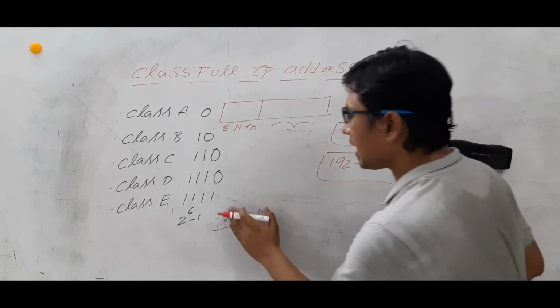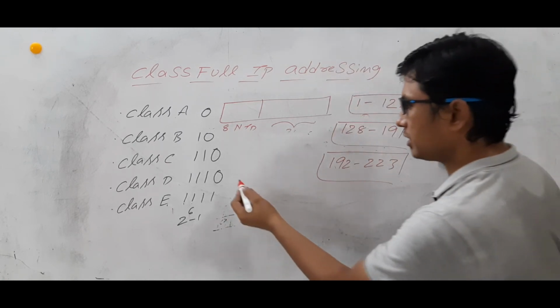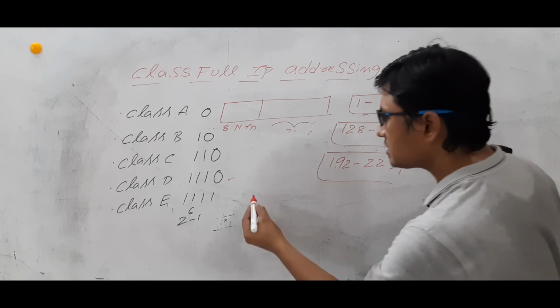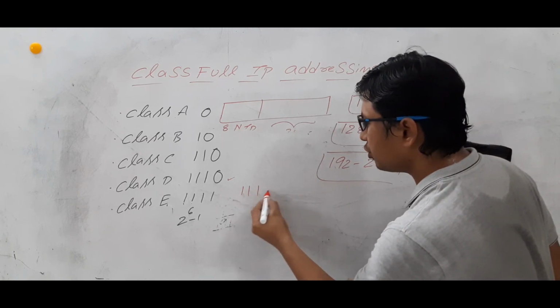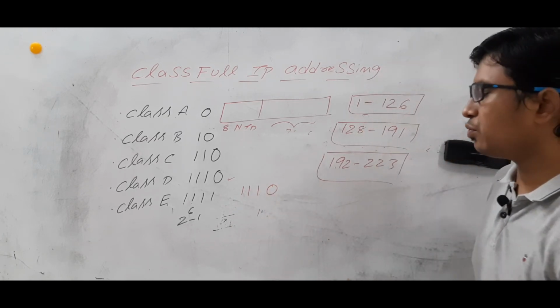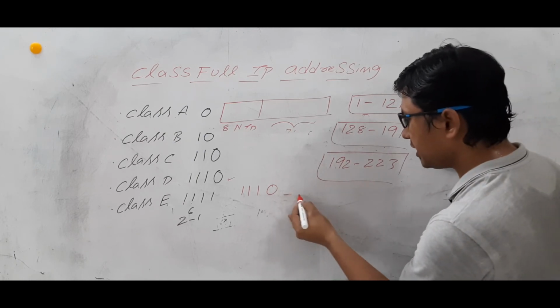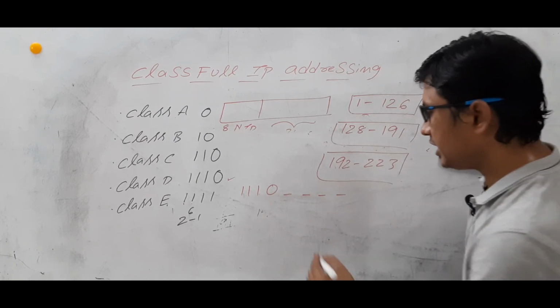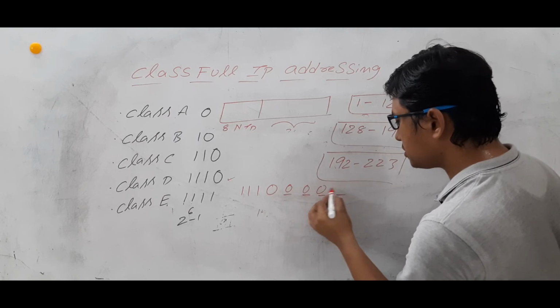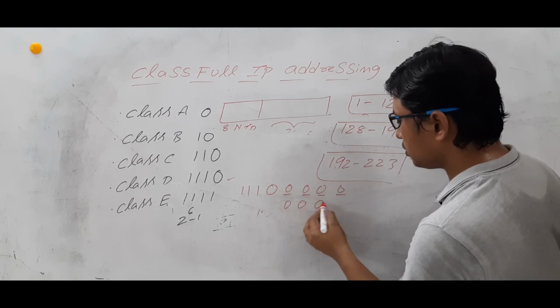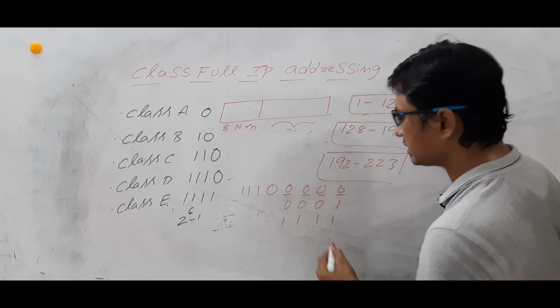Okay. Similarly, class E. So not class C, class D. Class D, the first 4 bits are fixed as 1110, and the remaining 4 bits can vary from 0000 to all ones.